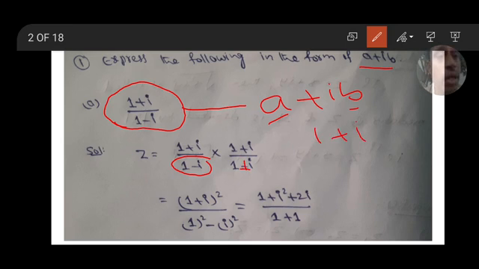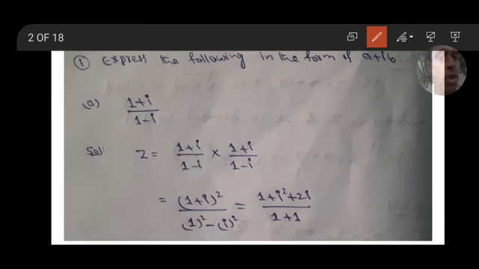In the numerator 1 plus i into 1 plus i, that is (1 plus i) whole square. In the denominator 1 minus i into 1 plus i, means a minus b into a plus b, that is a square minus b square.